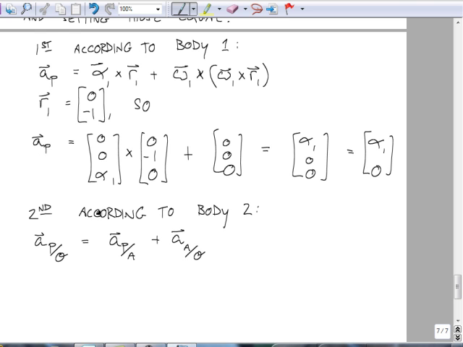The A here is going to be the center of mass. So the acceleration of P relative to the center of mass is equal to alpha 2 crossed with R2 plus omega 2 crossed omega 2 cross R2.